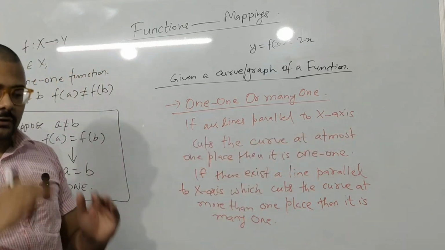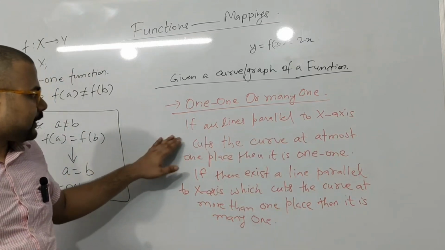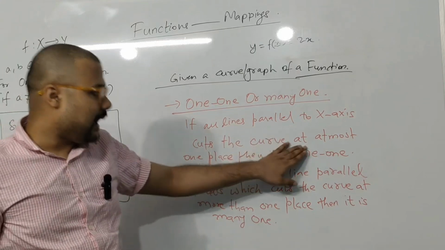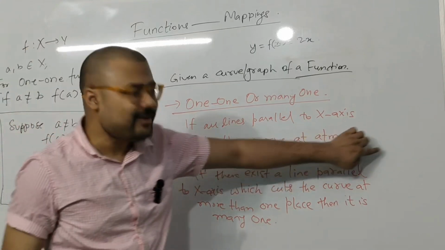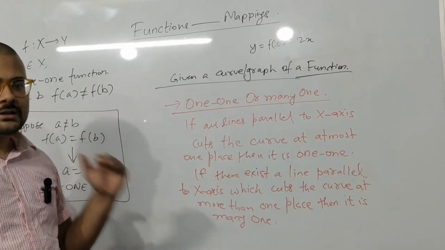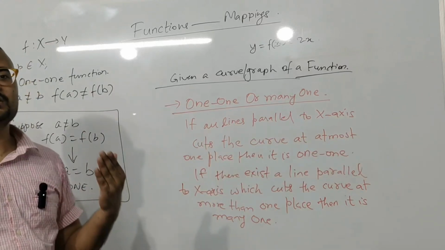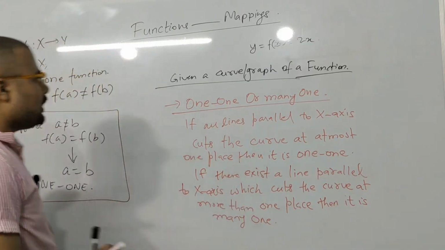Meaning, I just want a pre-image for every point. So if all lines parallel to the x-axis cut the curve at exactly one place, then it is one-one, and if all the lines cut the curve, then it is onto. Otherwise, into.